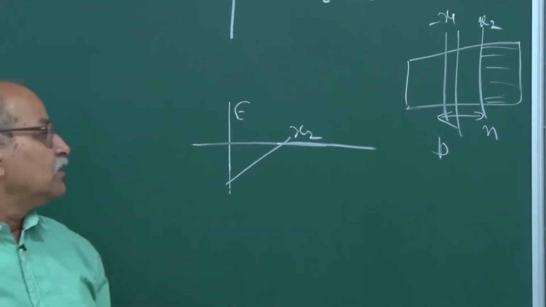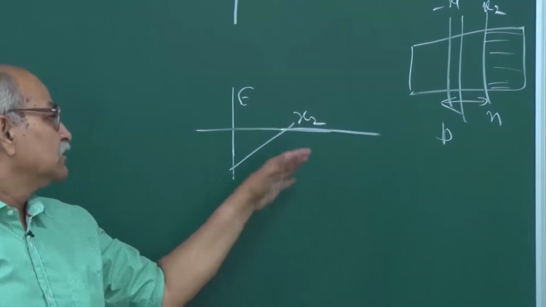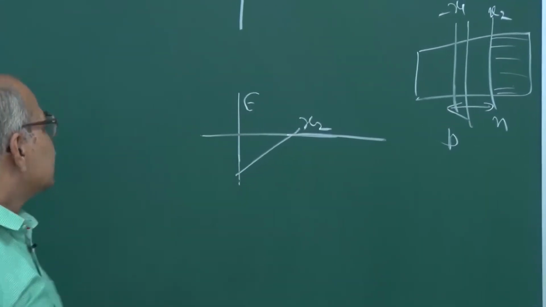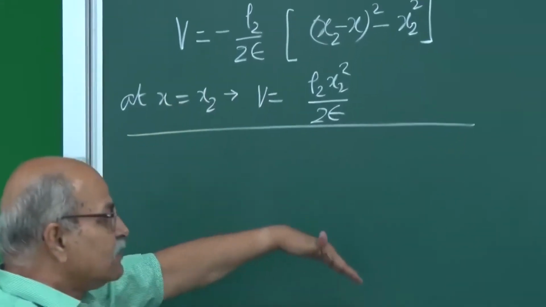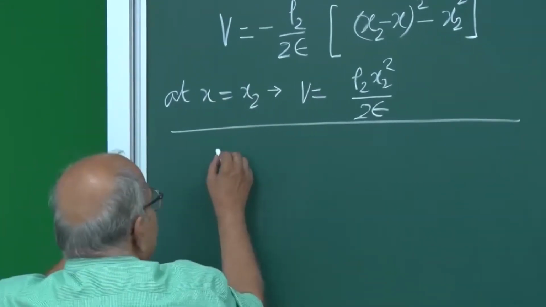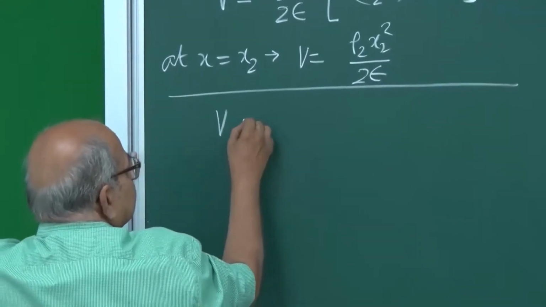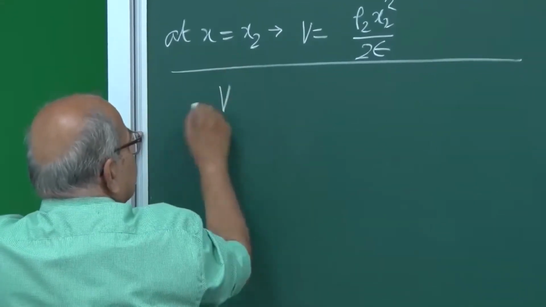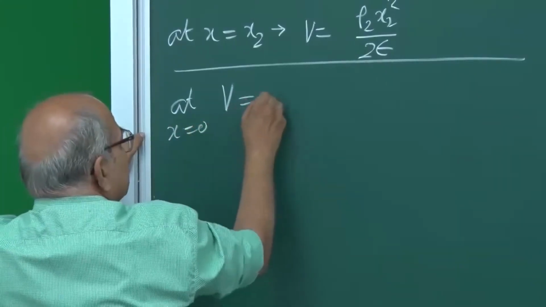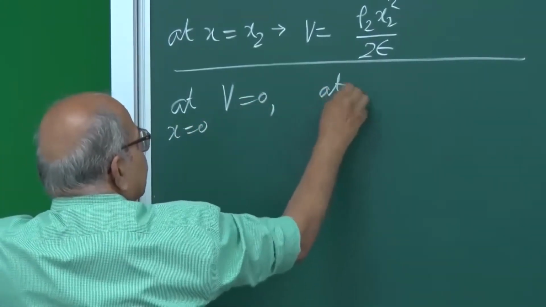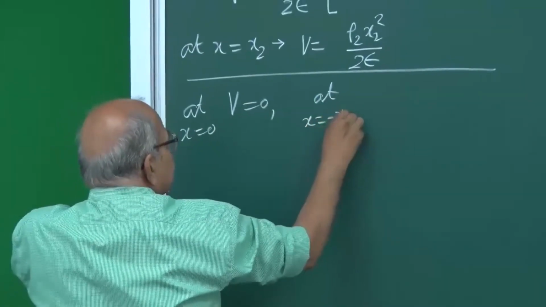Same is the story on the p side, or x less than 0. X less than 0, if you write, is the same algebra, identical, and this v will be at x equal to 0, we have taken v equal to 0 anyway, and at x equal to minus x1.